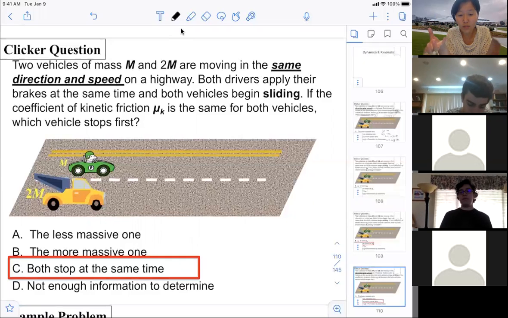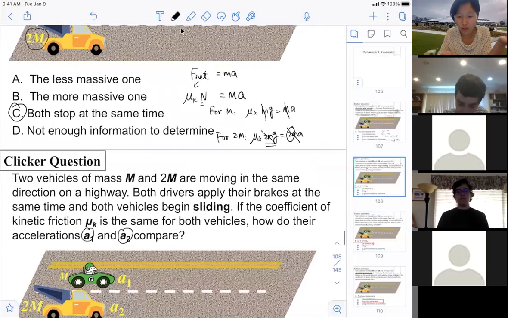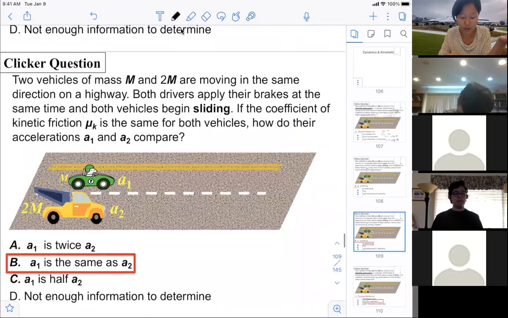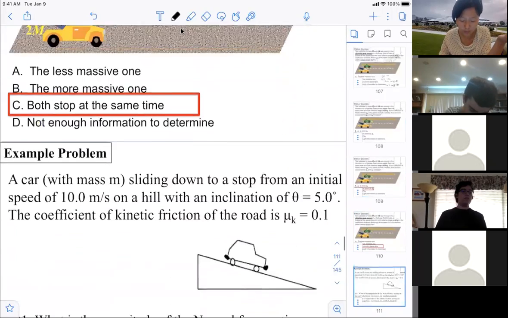The more massive ones have a bigger gravity, however it is also harder to change the acceleration of the more massive one. Those two influences cancel out, just like we cancel out the m from the equations, so they fall at the same rate. This is exactly the same as free fall, just in the horizontal direction.